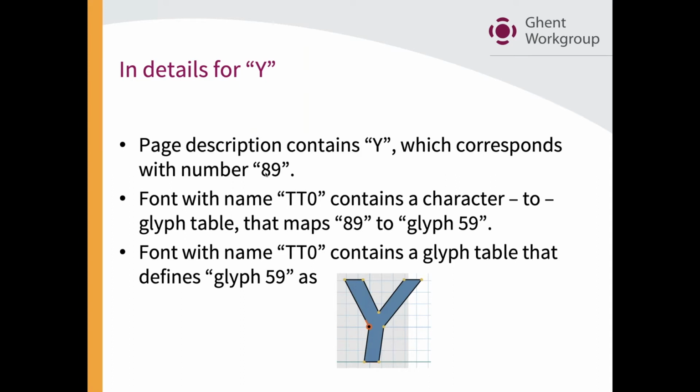Each character code, each number that you have in the page description has to be mapped in the active font, and then the glyph that comes out is drawn on the page at the position that those commands will give.